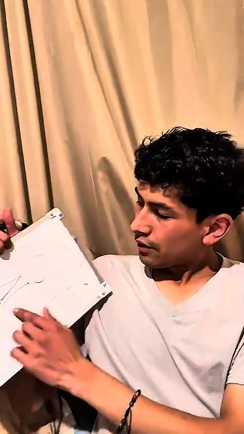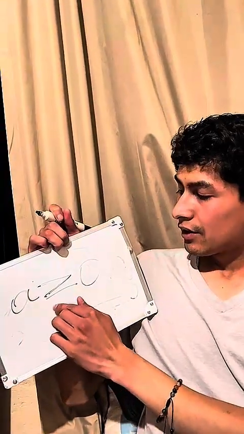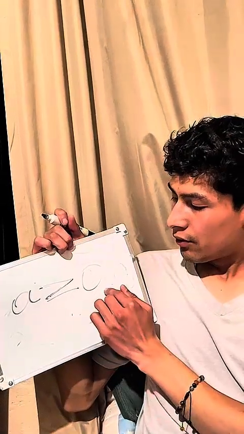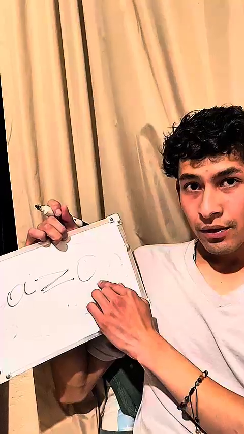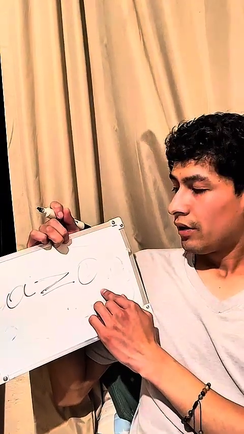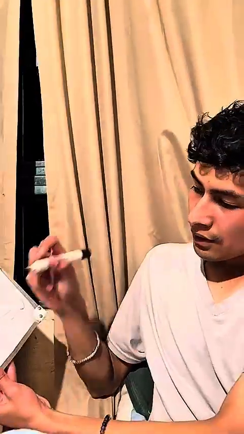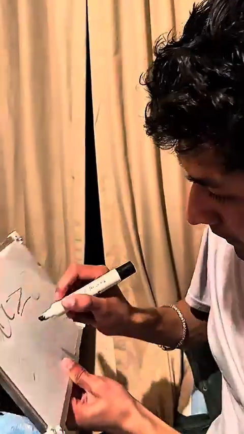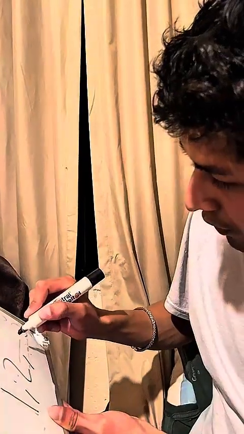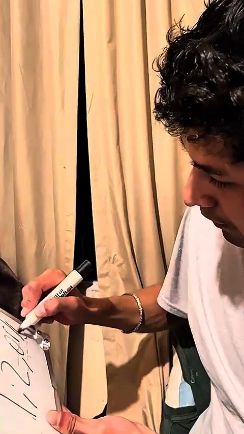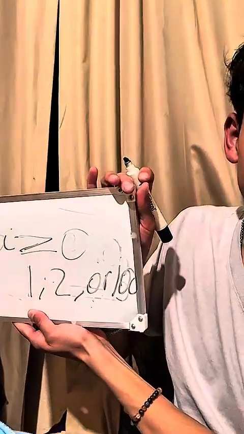If we have a is greater than or equal to 0, a can be 0 or every number greater than 0. For example, 1, 2, or 100.